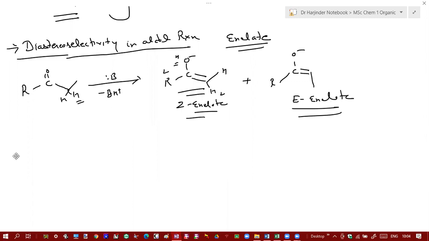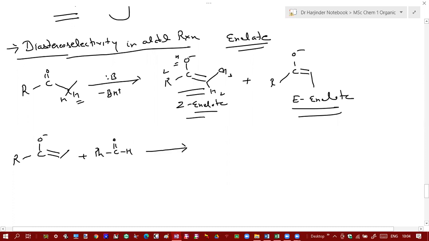At the same time, when this enolate reacts with a carbonyl compound, suppose it reacts with benzaldehyde, how many stereoisomeric forms will be formed? First of all, tell me how many stereo centers will be formed after the reaction.